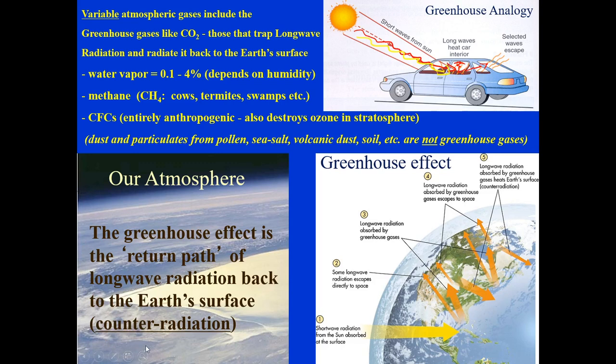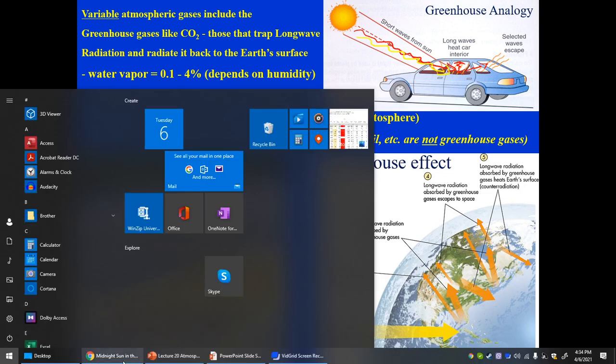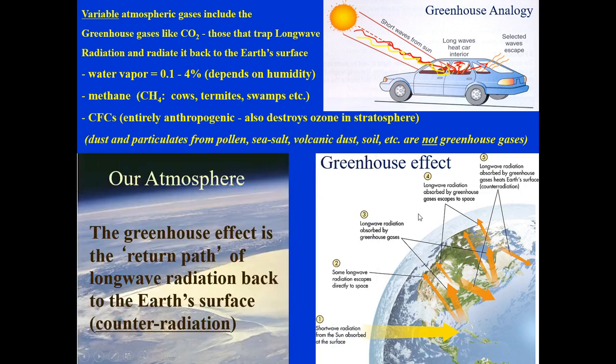Okay, I want to show you a cool video. I bet a lot of you didn't realize this, but I'll try to prep you for it. Some materials that absorb visible light don't absorb IR light, and some materials that absorb IR light don't absorb visible light.